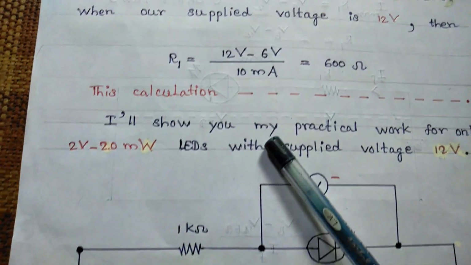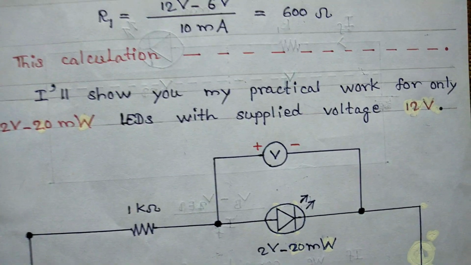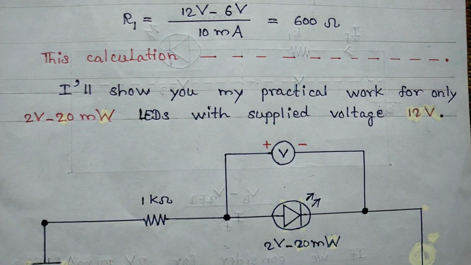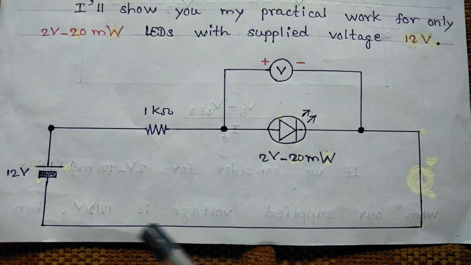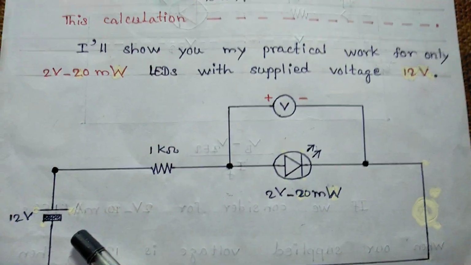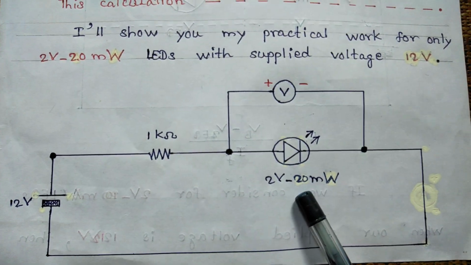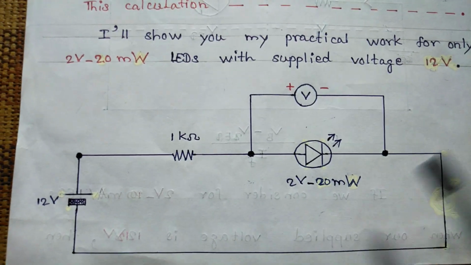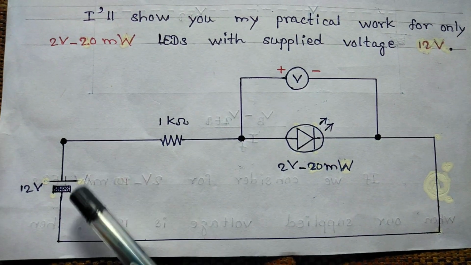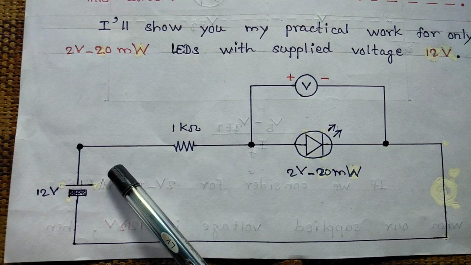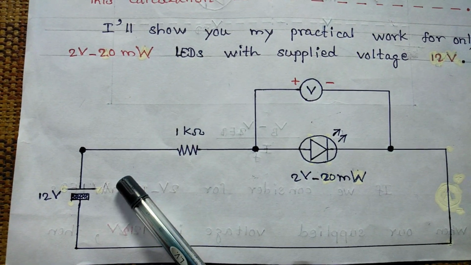Now I will show you my practical work for only the 2 volt 20 milliwatt LED with our supply voltage of 12 volts. Here is my practical circuit. You see the 12 volt power supply, a 1 kilo ohm resistor, a 2 volt 20 milliwatt LED and a voltmeter. Here you see the positive terminal of the battery and one side of the 1 kilo ohm resistor are connected.